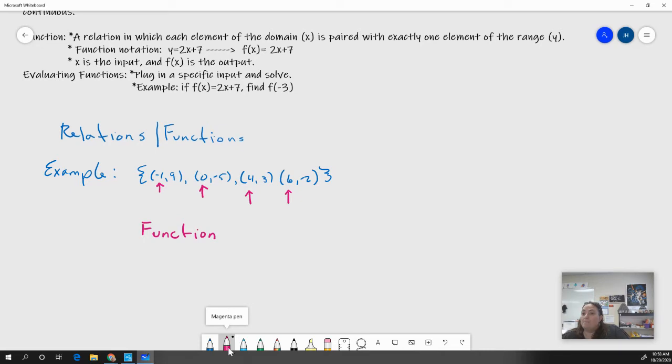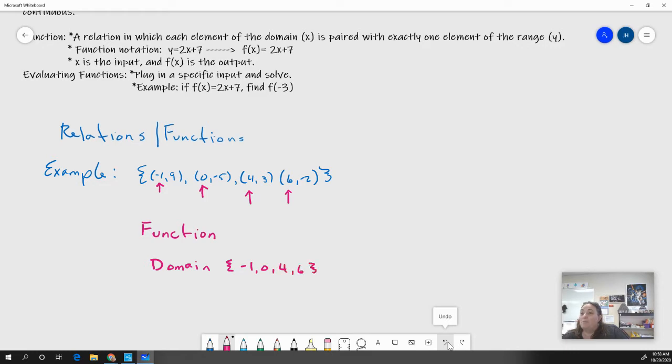right? The domain of this function, if I was asked to give it, the domain is all of our x values. So our domain would be -1, 0, 4, and 6.